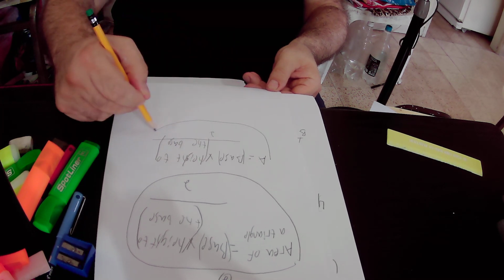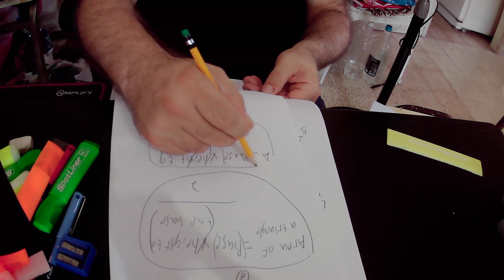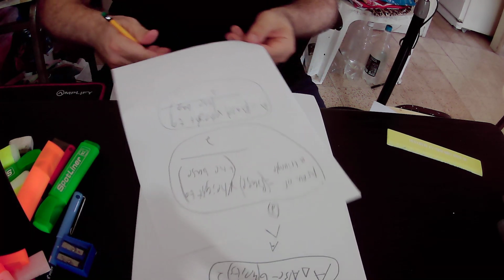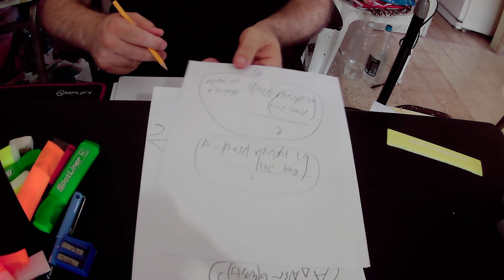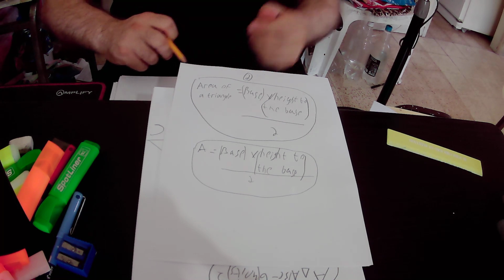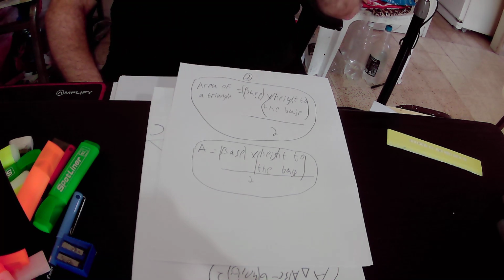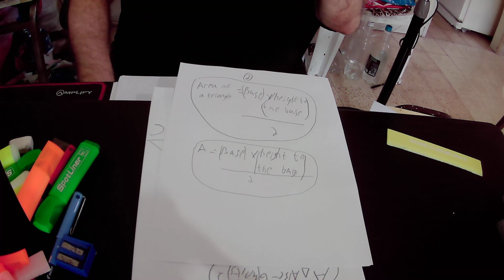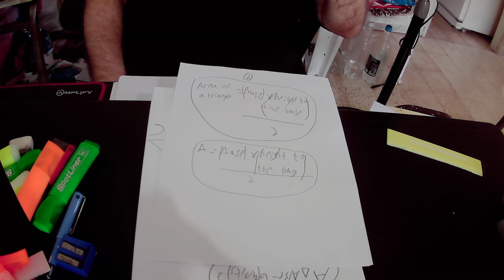Okay? So the area of any triangle equals the base of the triangle times the height to the base divided by 2, and I repeat again, the height of a triangle always creates 90 degrees with its base.